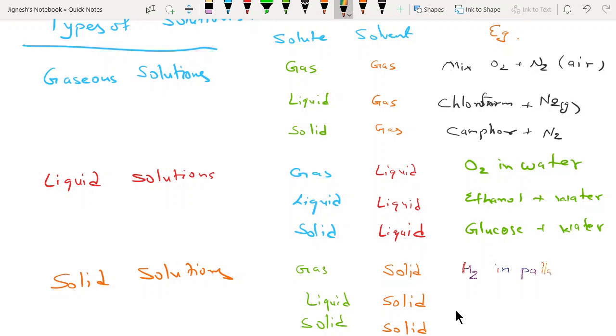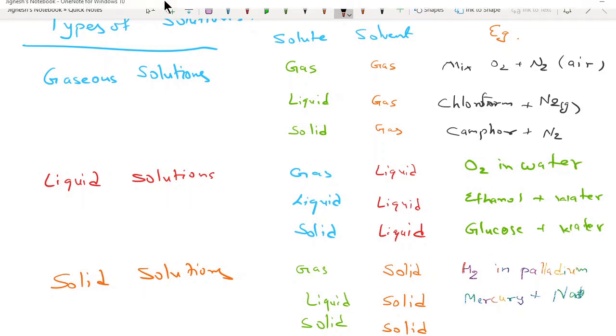Hydrogen is passed over palladium at very high temperature, then I have this gas in solid. Then liquid and solid: it's an amalgam. Liquid mercury with solid sodium, Na.